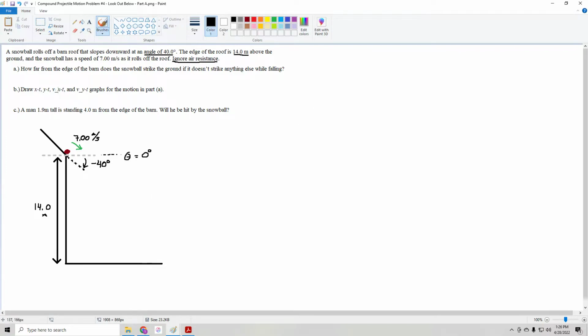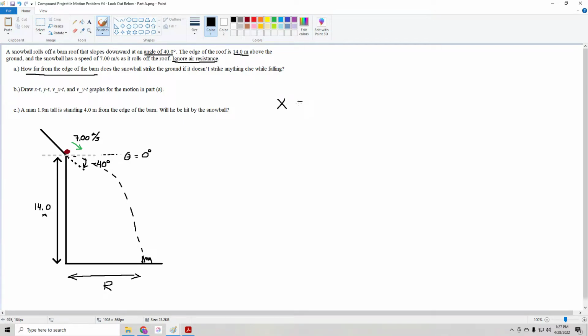And in fact, when it comes to figuring out how far from the edge of the barn, that's essentially like saying, what is the range on the snowball once it comes down and hits the ground? Right? Something like that. And what kinematic formula can we use when it comes to range or like an x distance? Well, here's a familiar one.